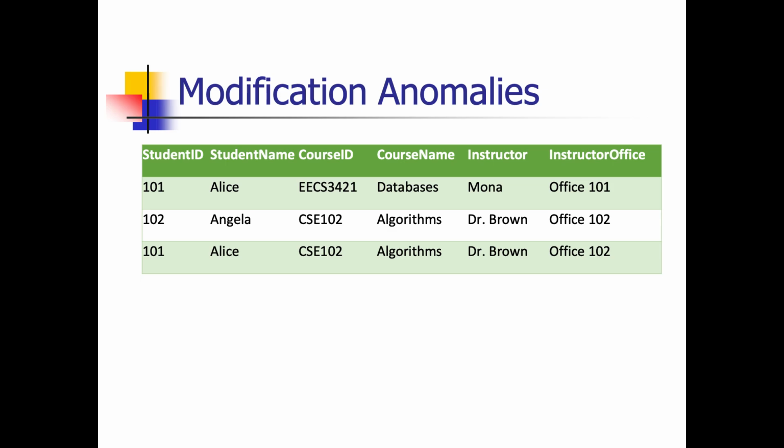And we also had delete anomalies. So delete anomalies is when you want to delete, for example, a specific value of a column. Like for example, you want to delete a specific student because she maybe dropped from the program, and so you end up deleting all other information that was stored in the same row with that student, right?